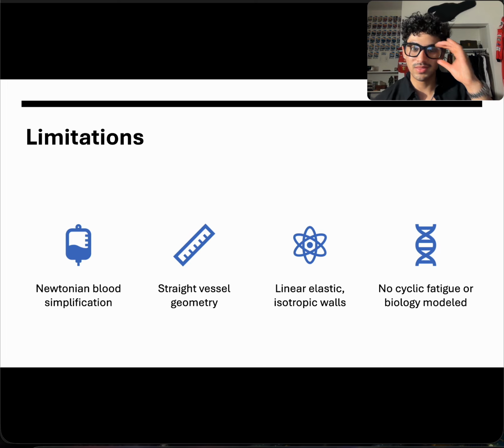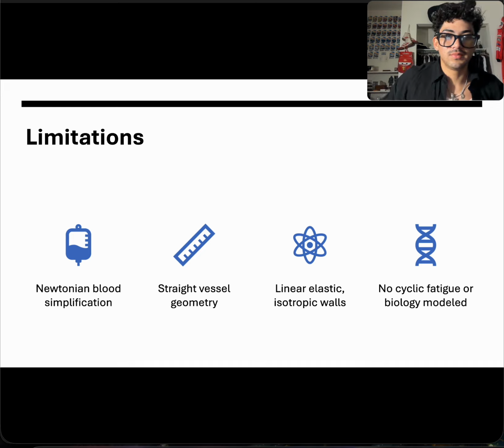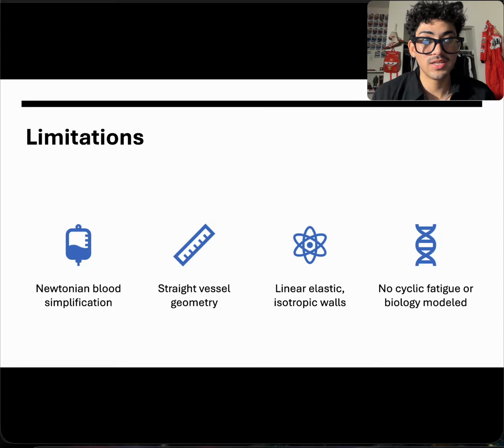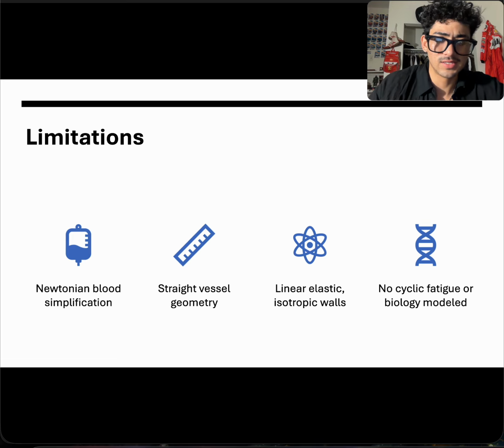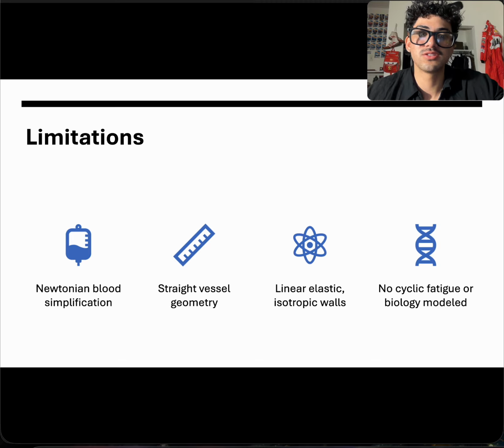With every project, there are limitations. These results are a strong comparative baseline, but several simplifications limit direct clinical translation. Blood was treated as Newtonian, the vessel geometry was straight and uniform, and all materials were modeled as linearly elastic and isotropic.